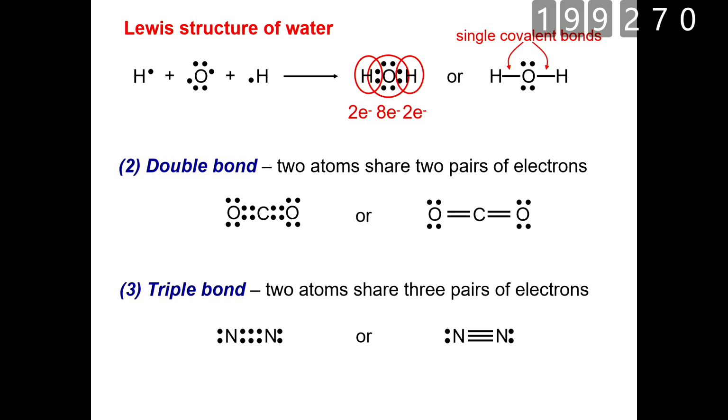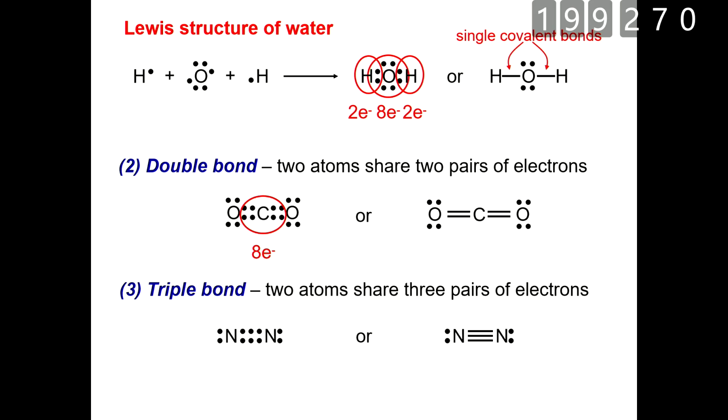They may also share 4 electrons, like this, between carbon and oxygen. Okay, so they form this kind of double bond. In this compound, you can see each atom has 8 electrons, it is full orbital, so it is stable.